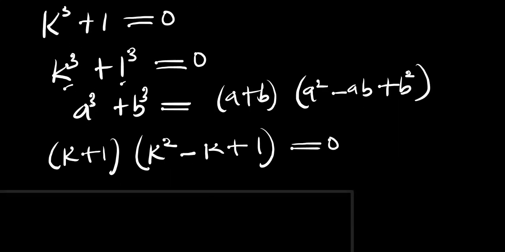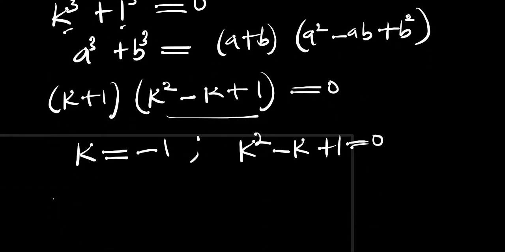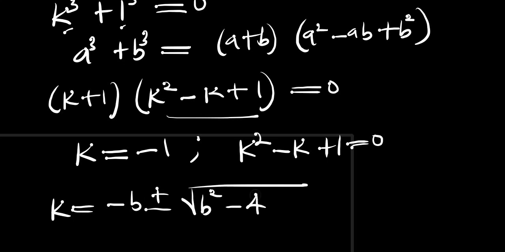Then from here we have another real solution. That means k = -1. Then let's go ahead and solve this. We have k^2 - k + 1 = 0. We make use of the formula method. We have k = (-b ± square root of b^2 - 4ac) divided by 2a.